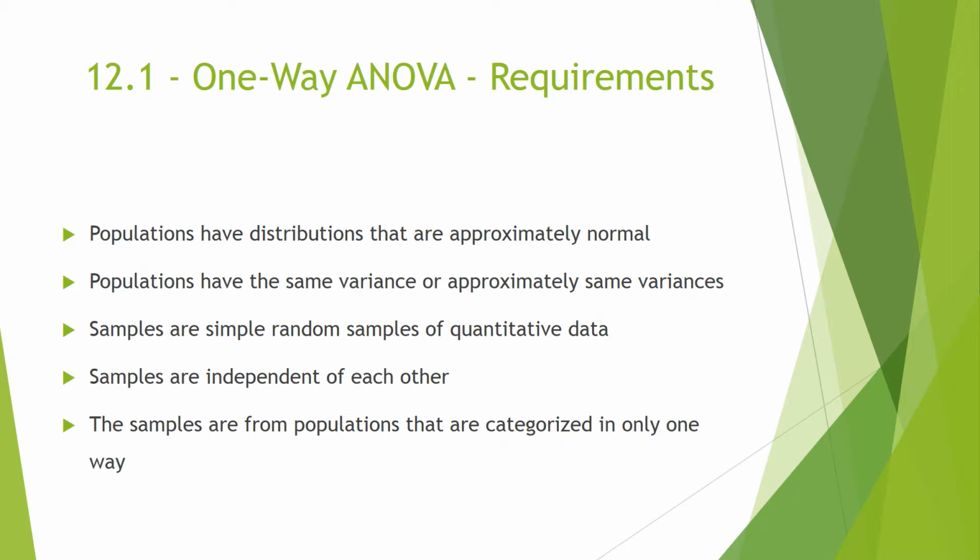Independent samples means you close your eyes and select a sample for sample 1. You close your eyes and completely randomly select another set for sample 2, and then you close your eyes and randomly select another set for sample 3, and so on. And these samples have to be categorized in only one way.